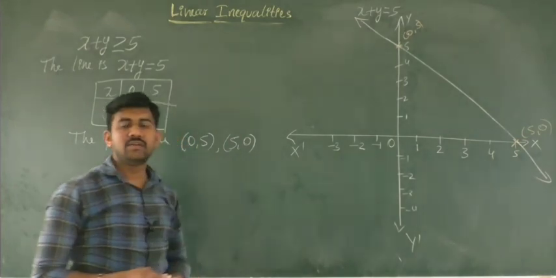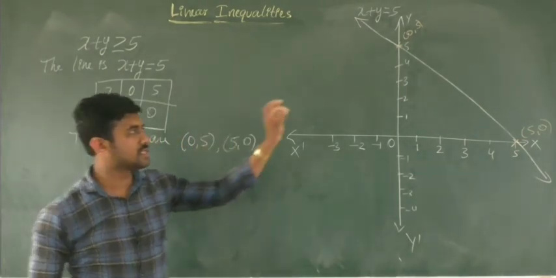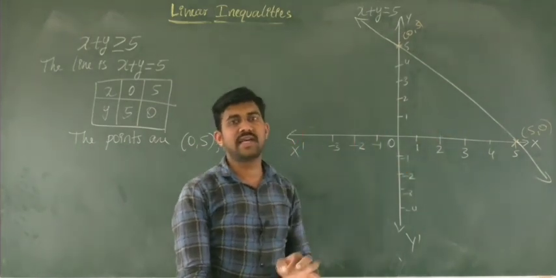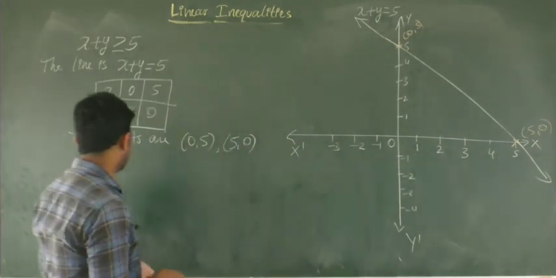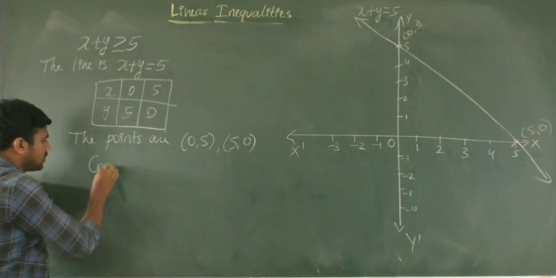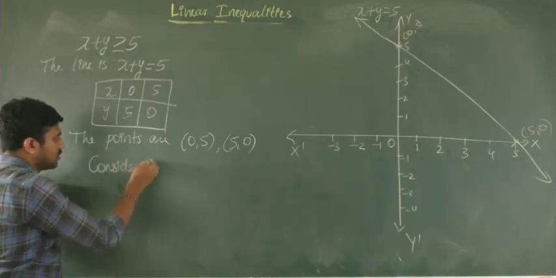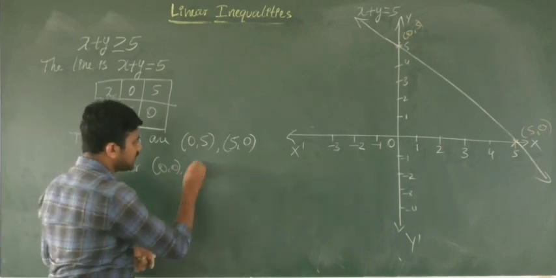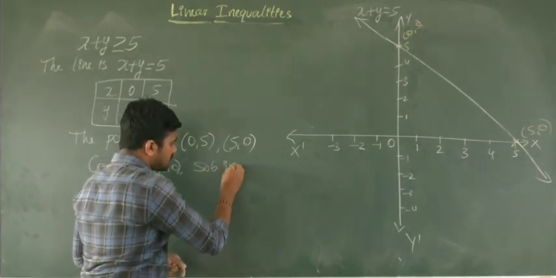Now, to find the solution region, we need to consider a point which does not lie on this line. Consider (0, 0), the origin, and substitute in the given inequality.